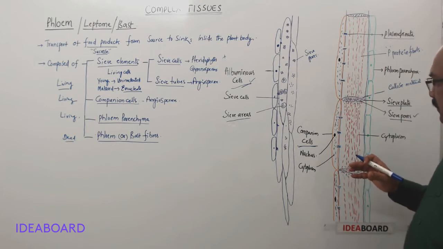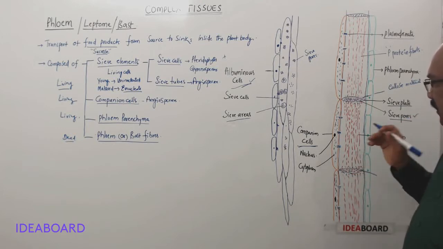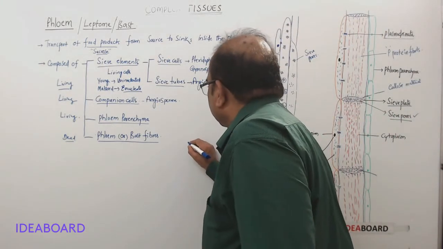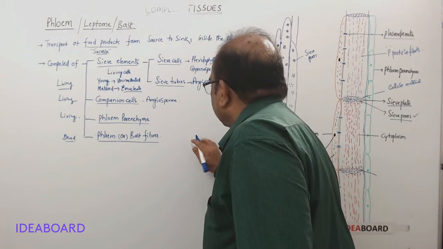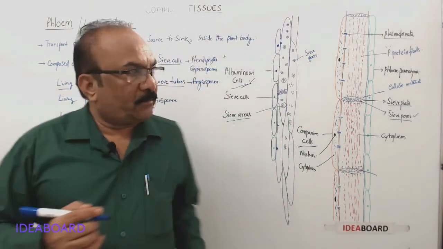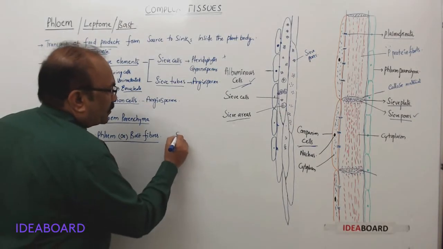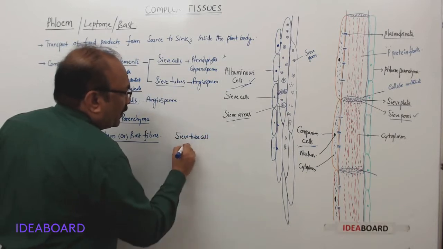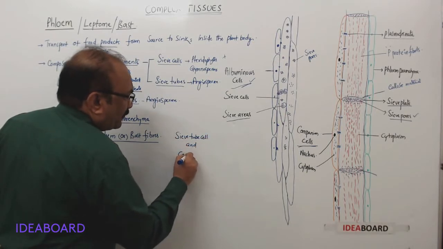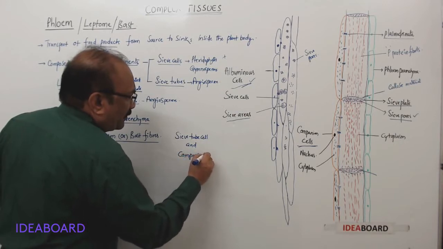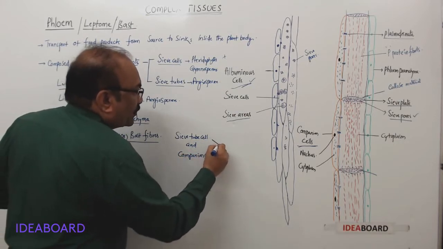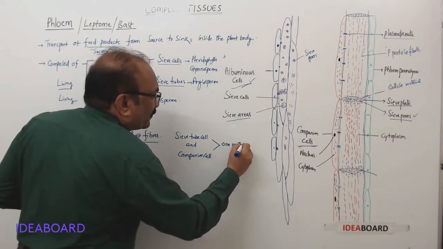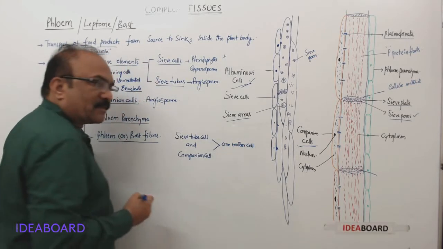And one more thing we have to see: let me write like this, the sieve tube cell and companion cells originate from one mother cell, or the same mother cell.